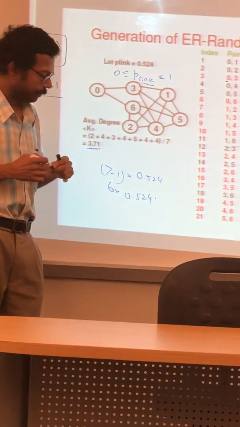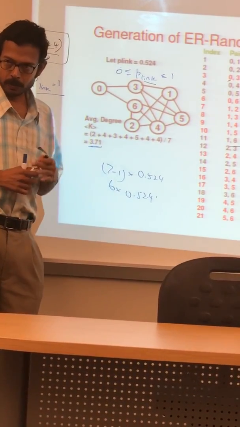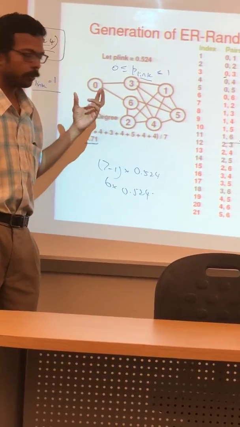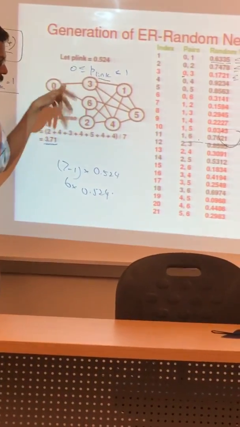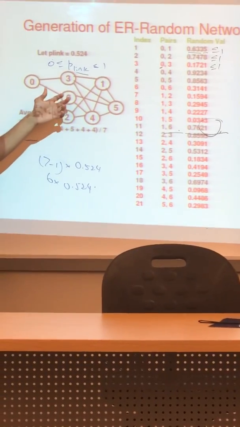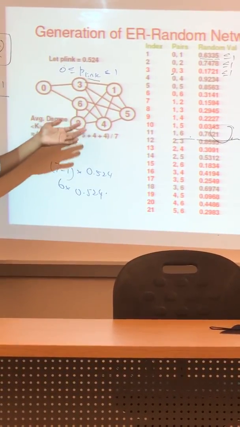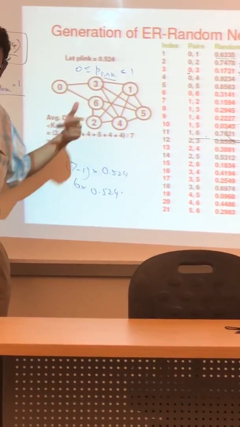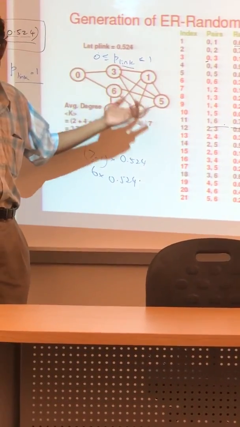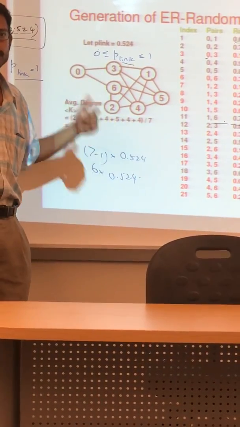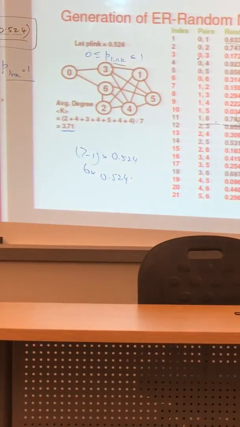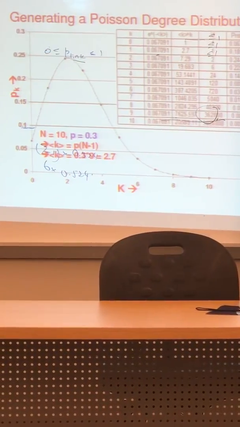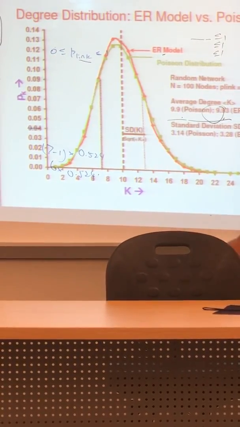The other thing is, if you work with larger networks, you cannot just try with one network. You have to create several instances of the random network and then average out the results. So you have to find the average degree for several random networks of 100 nodes and the p link value, and then average out the results. That's what I showed here.